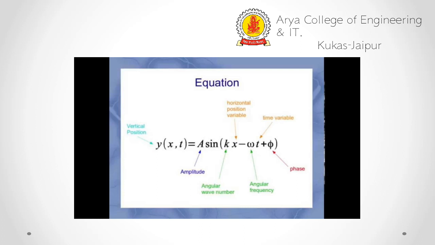Here all these physical quantities are defined: y is representing the position, A is representing amplitude, k is representing angular wave number, omega is representing angular frequency, t is representing the time, x is representing the horizontal position, and phi is representing the phase.